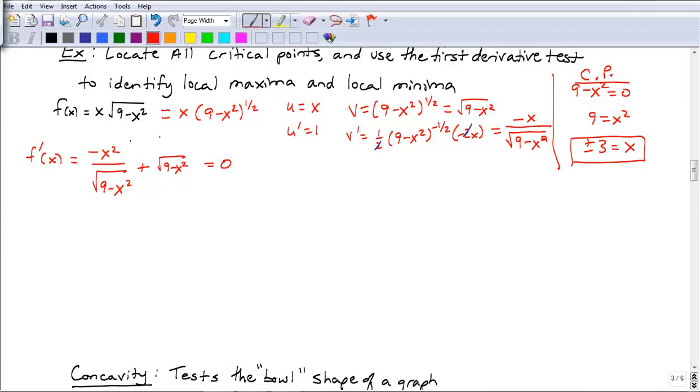What I can do is clear the denominator. I can multiply everything I see by the square root of 9 minus x squared.